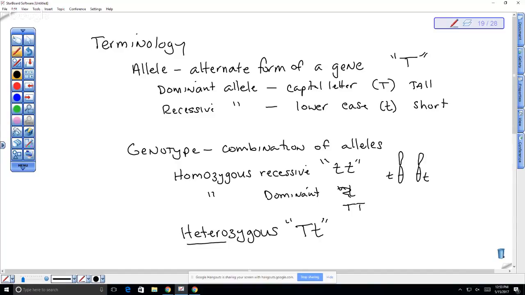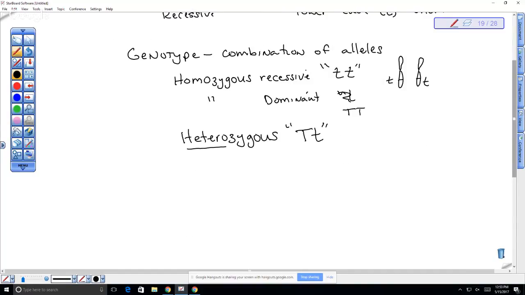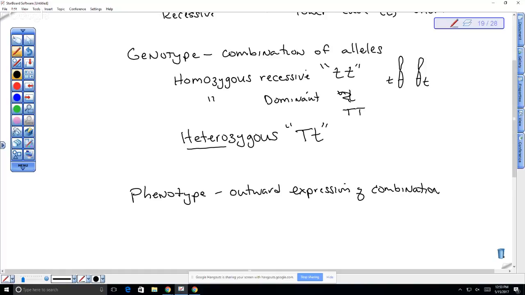Okay. The phenotype, on the other hand, is the outward expression of the combination of alleles. All right, so that's the phenotype.